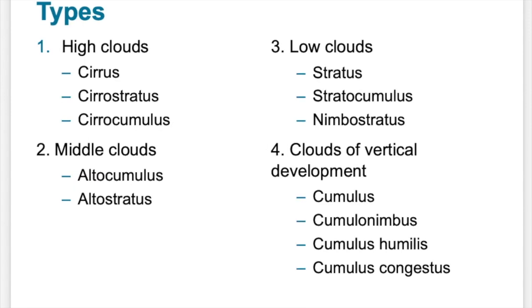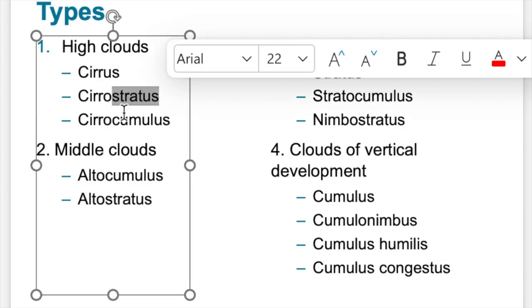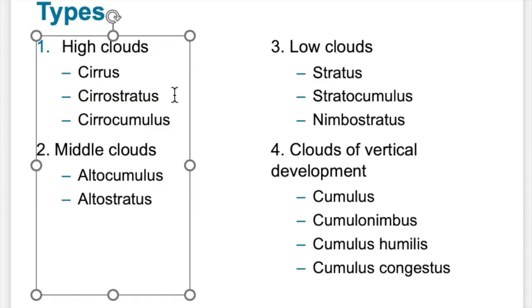Again, the four major cloud groups and their types. The first cloud group is in the realm of the cirrus clouds. So we have cirrus, cirrostratus, and cirrocumulus. Again, we're looking at the end names here because they repeat themselves depending on the layer.